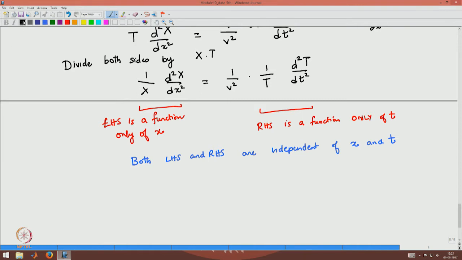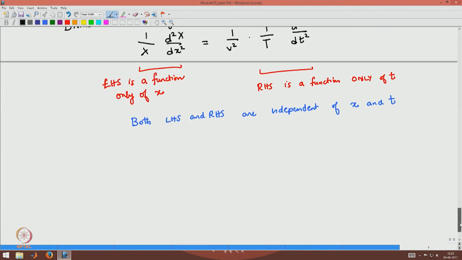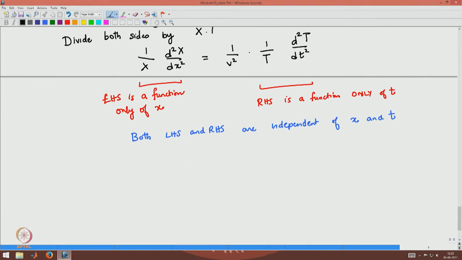So we are going to demand that the left hand side is a constant. You get 1 over X d²X/dx² equal to, I will just call it c, and the right hand side 1 over v² T d²T/dt² is equal to c.